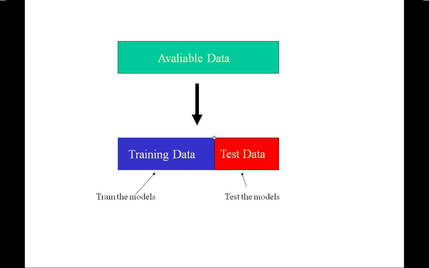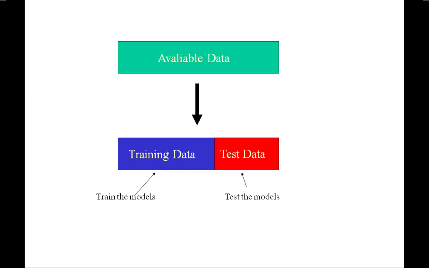And if we have a lot of data available, and this is more the case nowadays than ever before, and this is in fact what people are also doing, you divide your available data into training data and test data, and you also publish your data with this particular split. Then you train your model however you want on the training data, and after you're done with your training, you can test it on the test data.